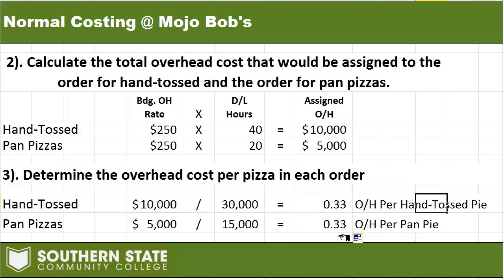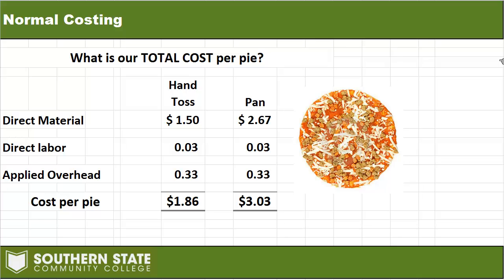In both cases, we get 33 cents of overhead per hand-tossed pie and for the pan pie. We take that applied overhead amount that we calculated and add it into our direct material and direct labor and pull everything back together, and we see that we get a cost per pie for the hand tossed of $1.86 and a cost of $3.03 for the pan.